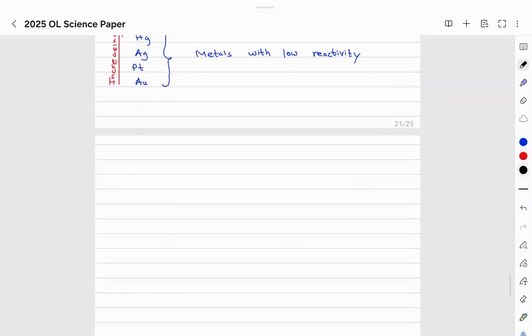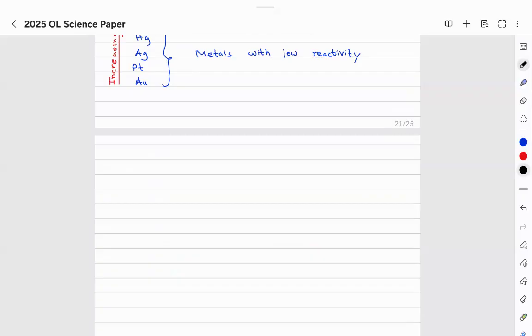Now, yes, what is the doubt? Can the metals in the same reactivity level react with each other?